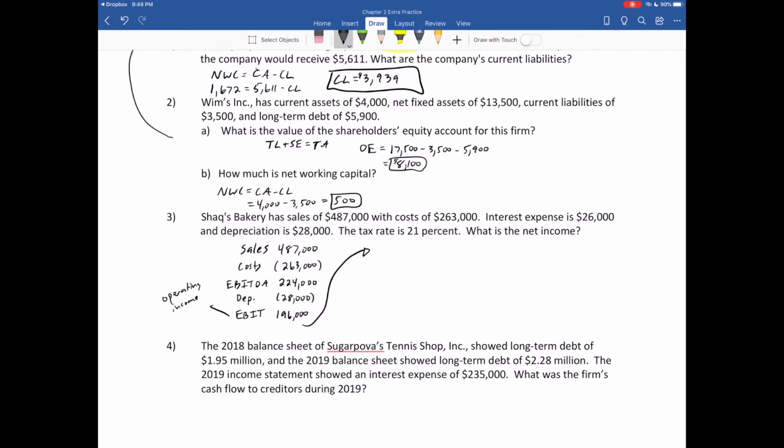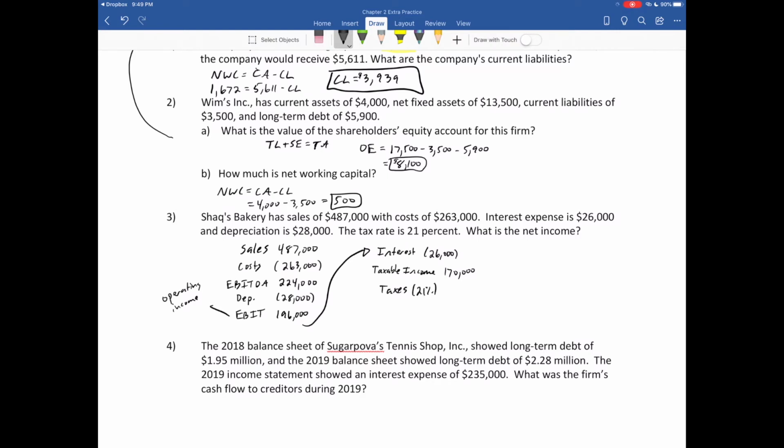The next thing that comes out on your income statement is your interest expense, which once again is given at $26,000. And so then what you get to is your taxable income, which is $170,000. You have to pay taxes on that taxable income. We talked earlier in this chapter that corporations are now taxed at a flat tax rate of 21%.